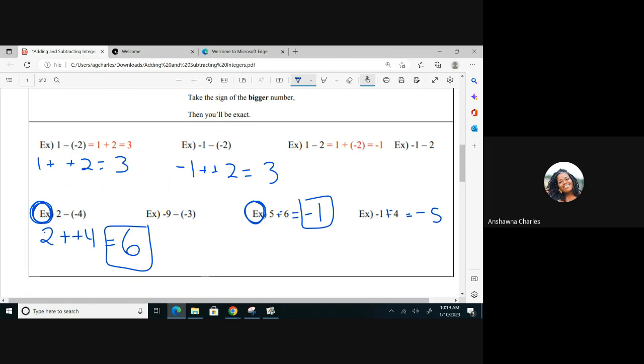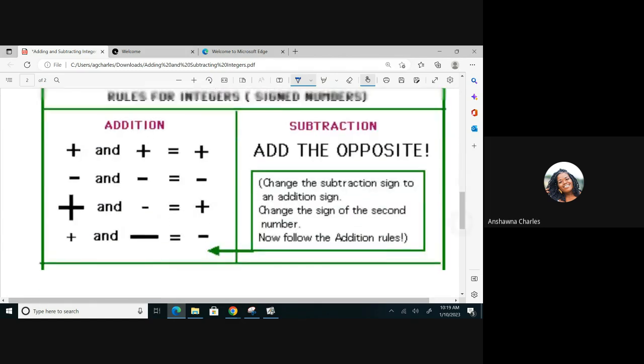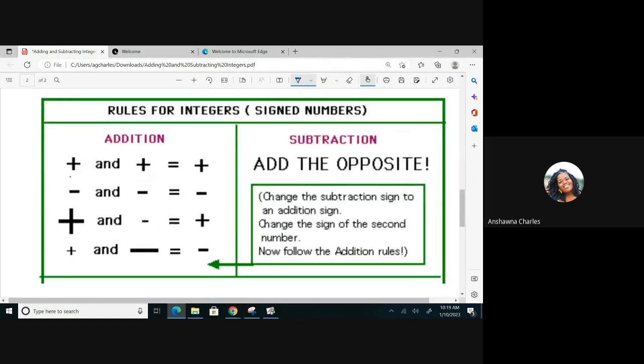And then on the back of this worksheet, it just has it in a table form. It says if you add 2 positives, you should get a positive. If you have 2 negatives, you should have a negative. If you have a bigger positive, then your answer should be positive. If you have a bigger negative, then your answer should be negative. And remember, for subtraction, once you do keep, change, you really are doing addition. Okay? All right.